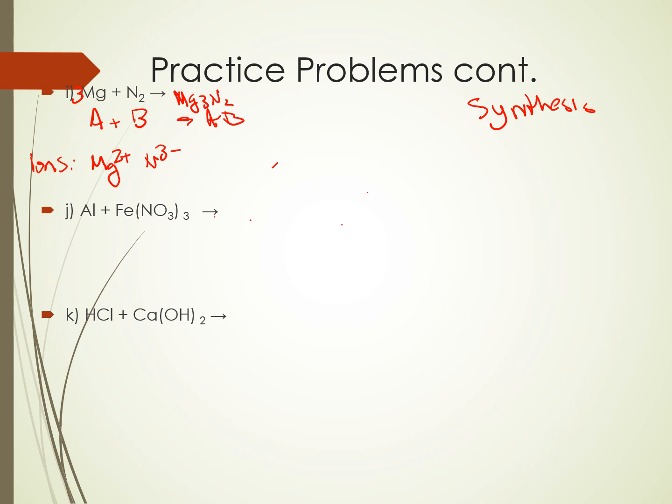My next example, I have aluminum plus iron(III) nitrate. Again, I have a compound plus an element, so I'm going to have AB plus C, and in this case, aluminum is a metal, so I know that I have cationic single replacement for this particular example, and I'm going to have a compound that forms, which would be CB plus A. Since the C is a metal, it replaces the other metal, which would be the iron.